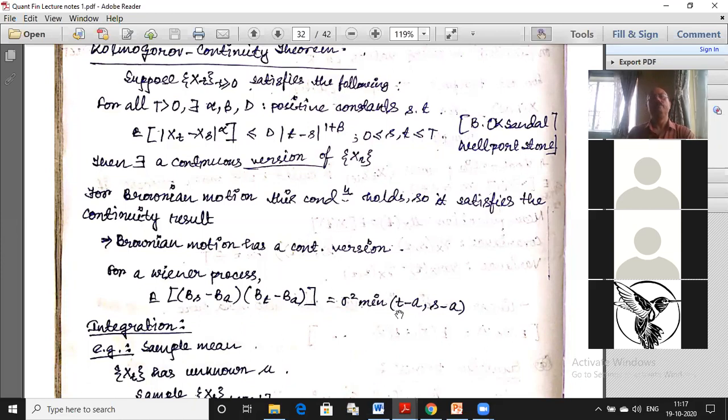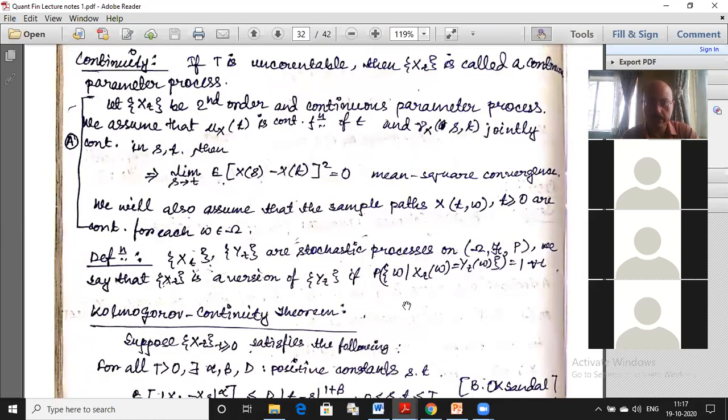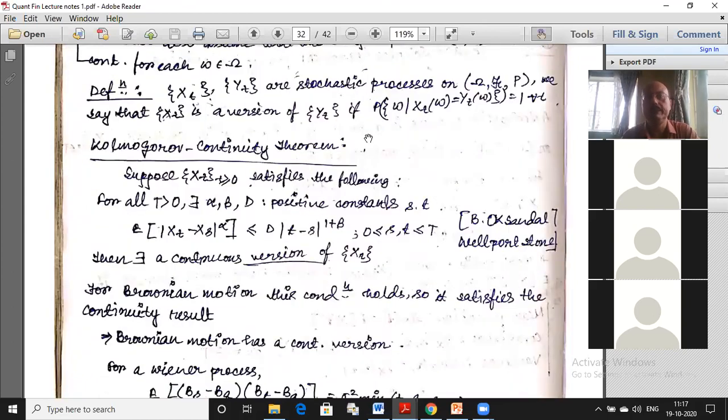Sir, can you once again explain the implication of a version of a stochastic process or a random variable? Okay. So this definition is the basic premise. What I am saying is, I have two stochastic processes. If their probability distributions match at each time point t, then I say that these two are versions of each other. So probabilistically, they are equivalent.